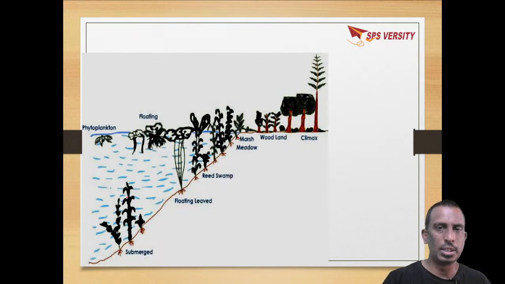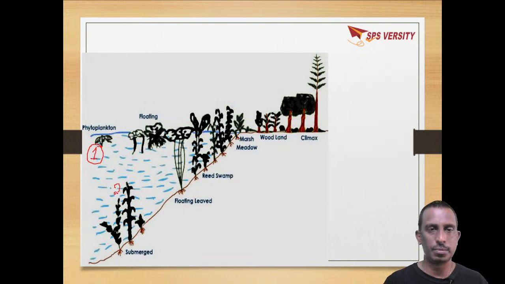So here you can see the gradual change in the communities. The initial stage is phytoplankton. The next, submerged. Then submerged with free floating leaves.